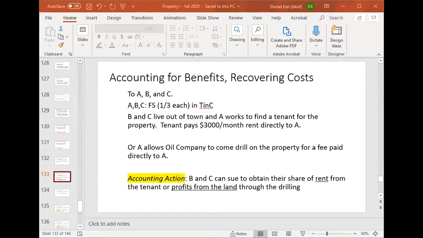Yep, Jack? So say his graphic design business was on a plot of land that was 5 acres and it took up 2 acres and there were, for example, 5 co-tenants. Could the co-tenants who didn't have the business seek some form of payment for the loss of interest, albeit not that much? Where is their loss of interest?